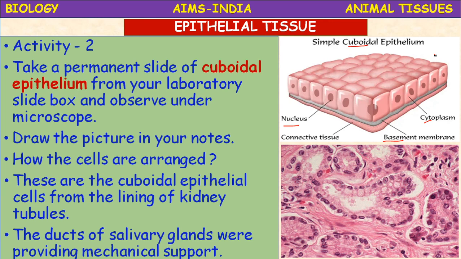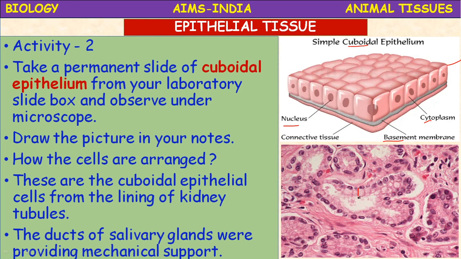So this is the image which is given in your textbook. See, a single layer, similarly arranged. It is an electron microscopic view. Under the microscope, the permanent slide which you observe shows this kind of structure, cuboidal epithelium.